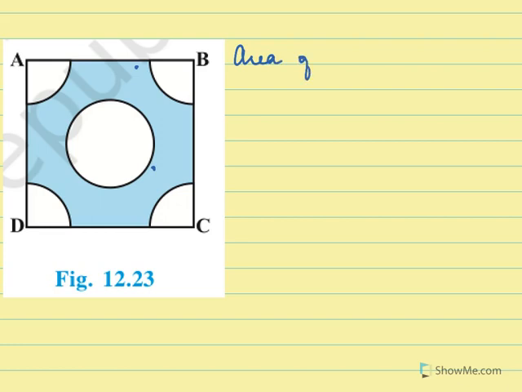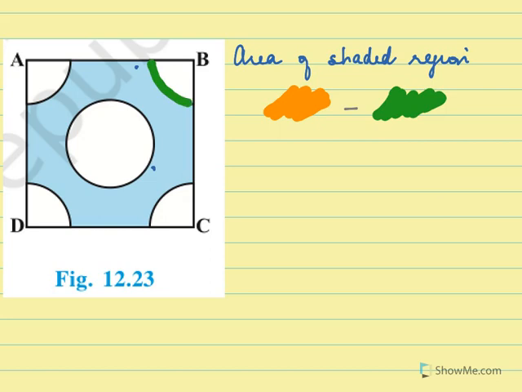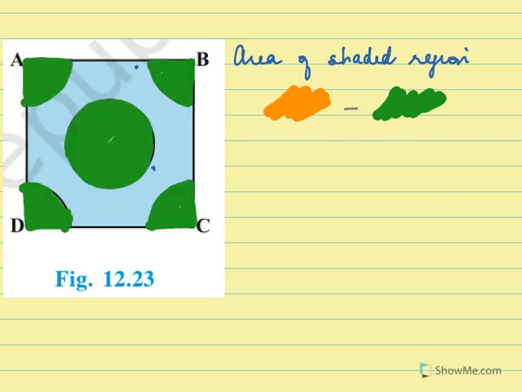So area of shaded region will be area of the square minus this area that is cut out, which is this area. So that is area of square minus the 4 quadrants plus circle.